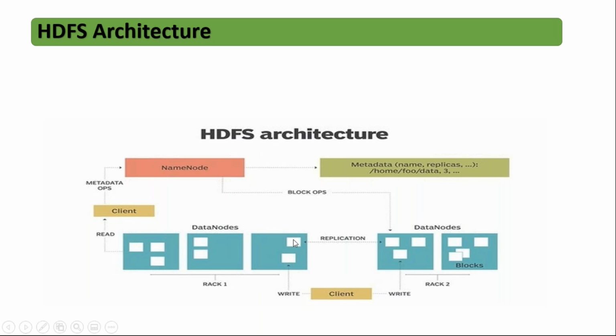In interviews, you will be asked to explain HDFS architecture. Then you should start like this. In HDFS architecture, we have a name node and data nodes. Name nodes are connected to data nodes. A heartbeat keeps happening every 3 seconds. Whenever application data is stored, the data will be divided into multiple blocks and distributed to multiple data nodes.